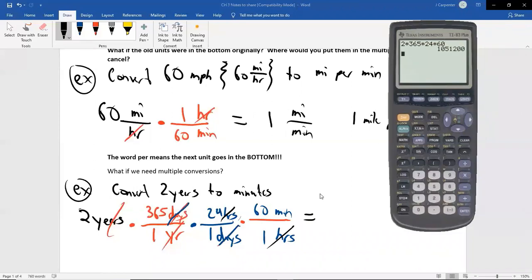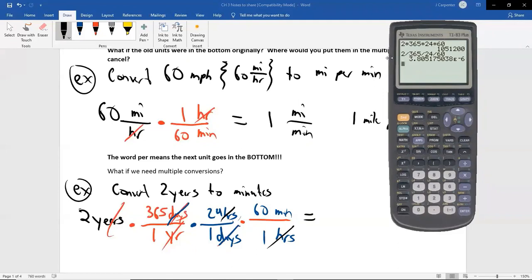If someone had divided all of those numbers, 2 divided by 365, divided by 24, divided by 60, which is wrong, they get 3.8 e negative 6, which is 0.000038, a teeny number, and that is absolute garbage. It is not less than 1 minute that is 2 years.